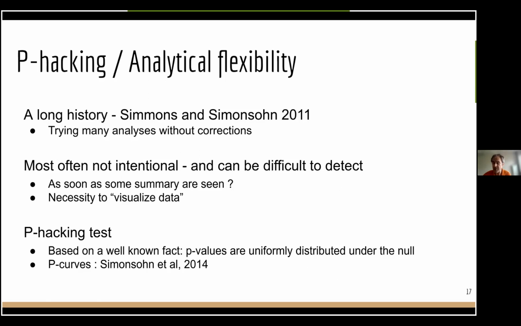There are actually tests to know whether a field, a subfield of science, is in general doing p-hacking. So if you're doing a meta-analysis in some subfield, maybe you'd be interested in looking at those tests to see whether there is a greater likelihood of false positives in the studies.